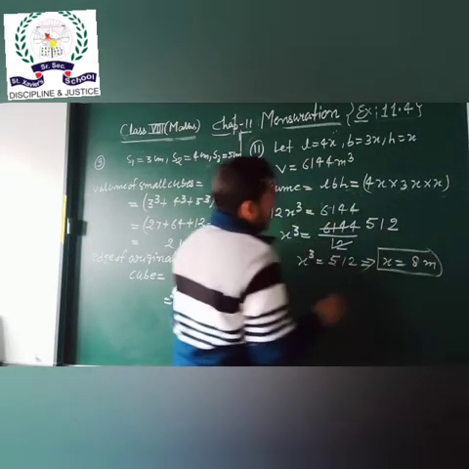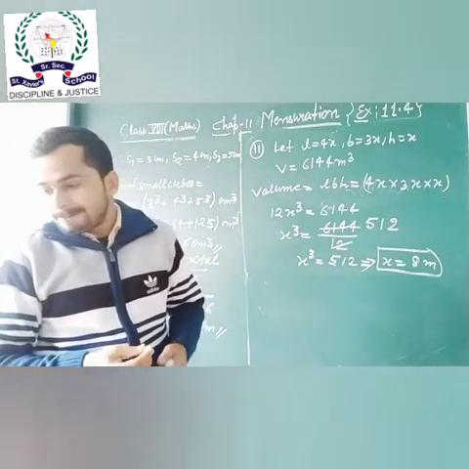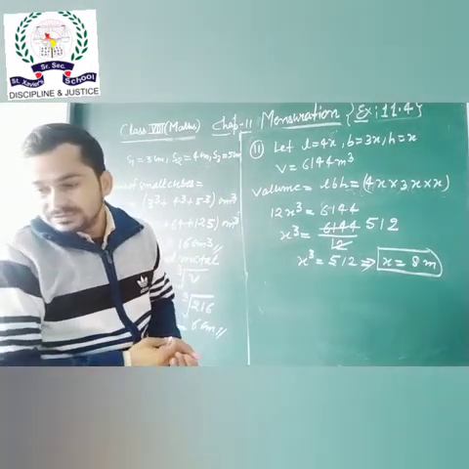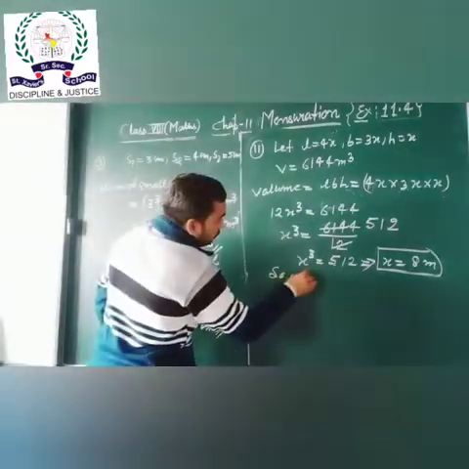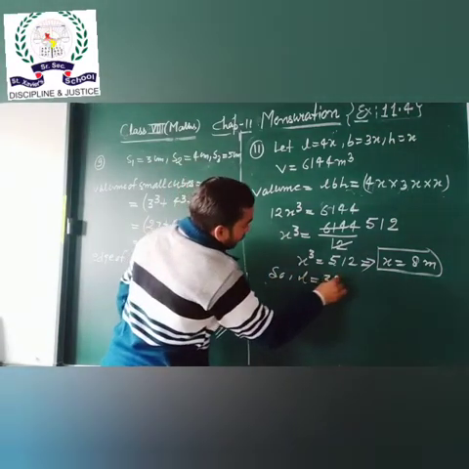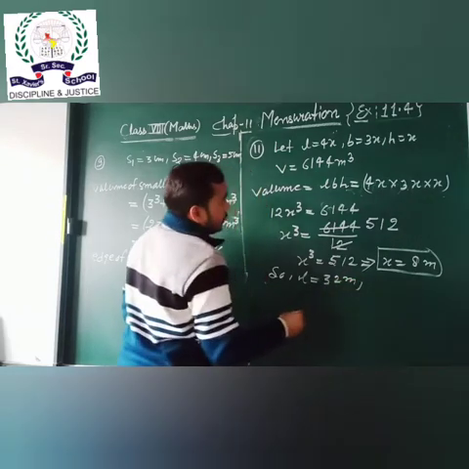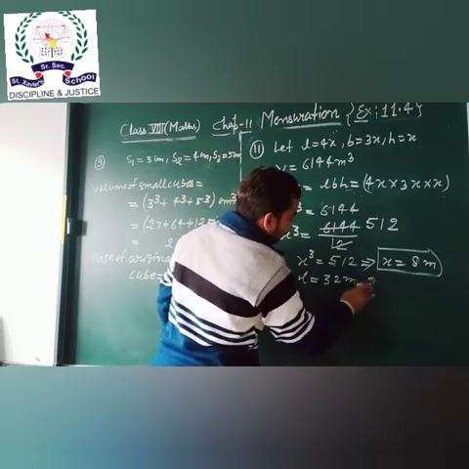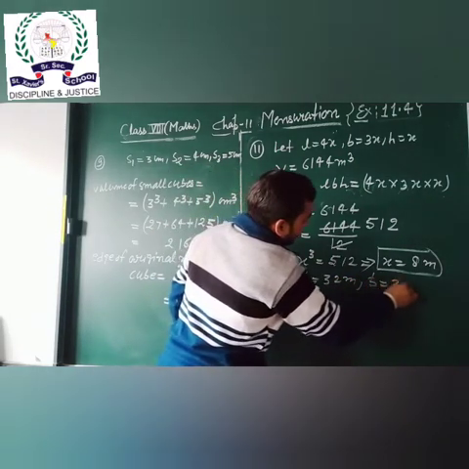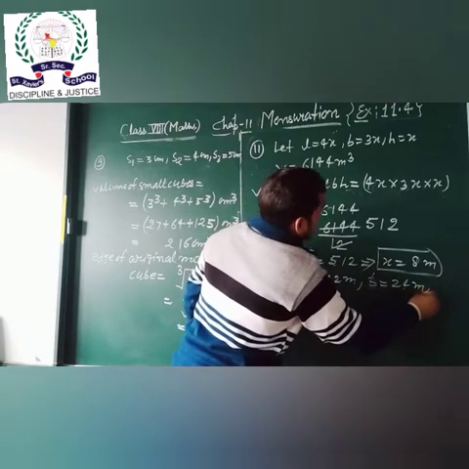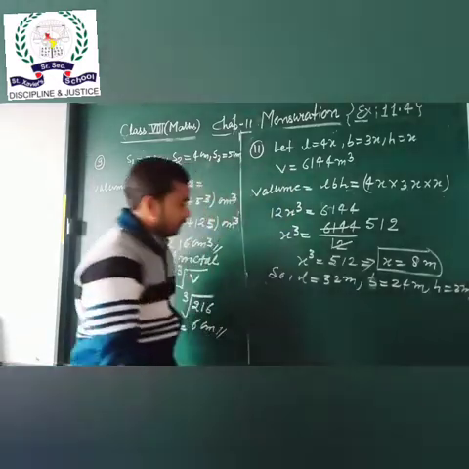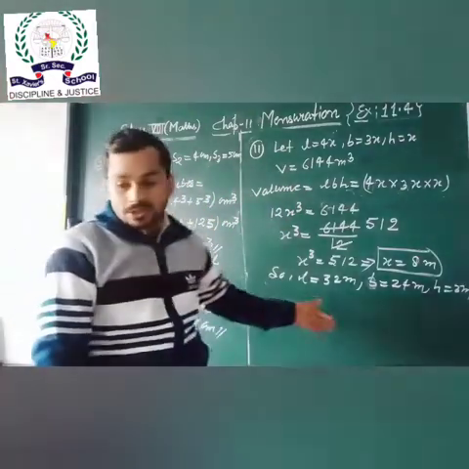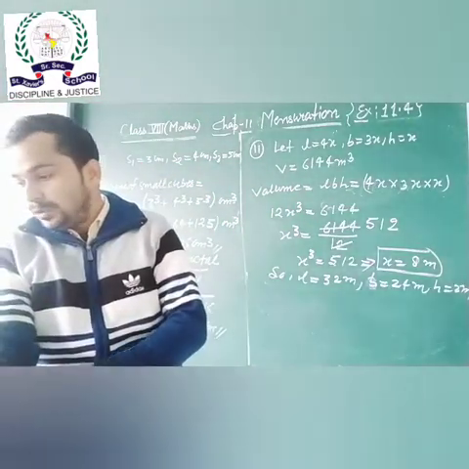So the value of x is 8 meter. Then find the length. So we have length equal 8 4s are 32 meter, breadth equal 8 3s are 24 meter, and height equal 8 meter. So we have found the dimensions of the pool.